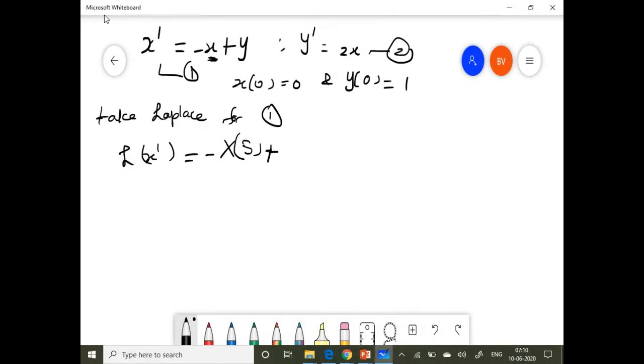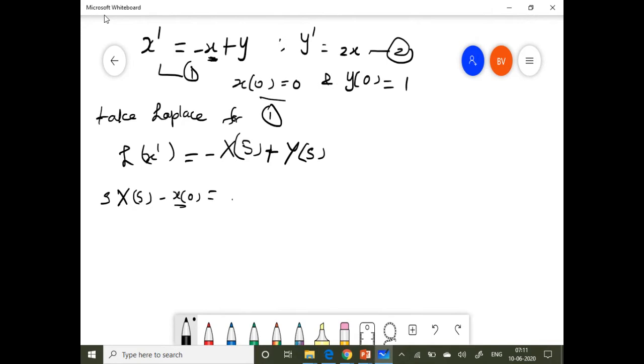So y of t will be Y of s, f of t will be F of s. And for x prime, the formula is s times X of s minus x of 0. The formula that we always write for y has been written for x right now. And we know x of 0 has been given as 0.